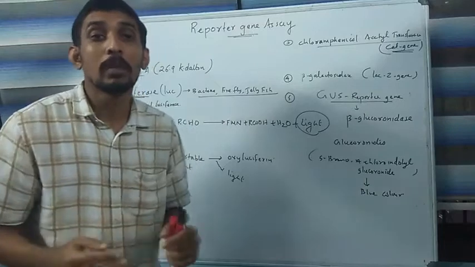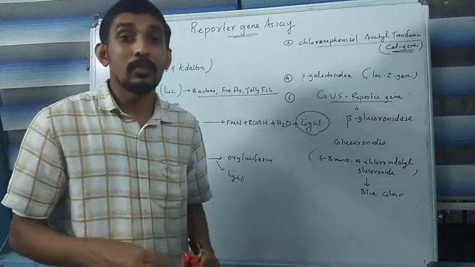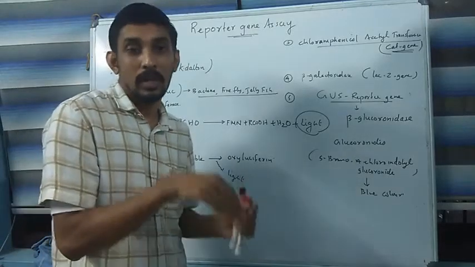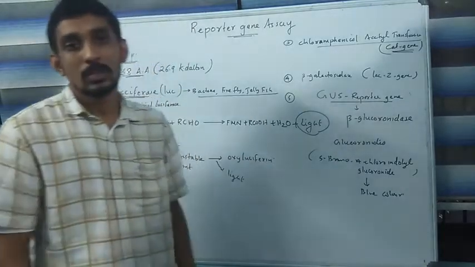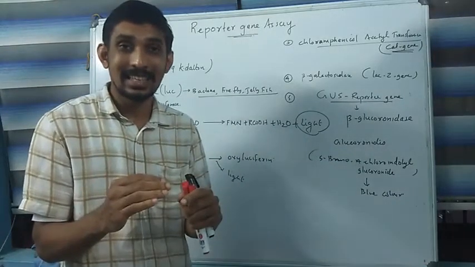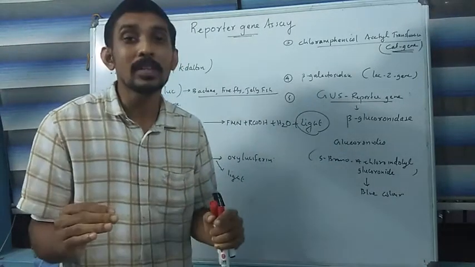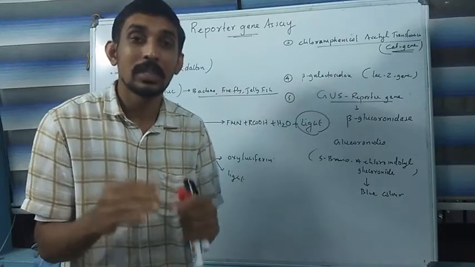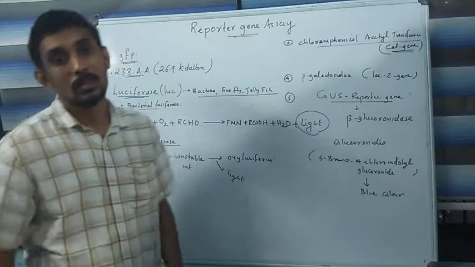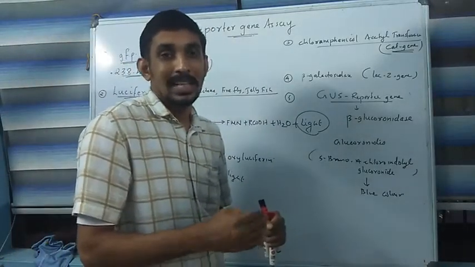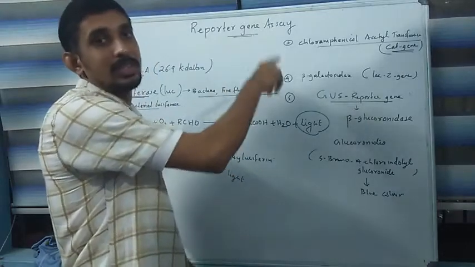Therefore, we can easily understand the presence of a foreign DNA inside the cell. The main use of this reporter gene is to detect whether the foreign gene is present in the cell or not. For that purpose, we are using a reporter gene. That technique is called reporter gene assay.